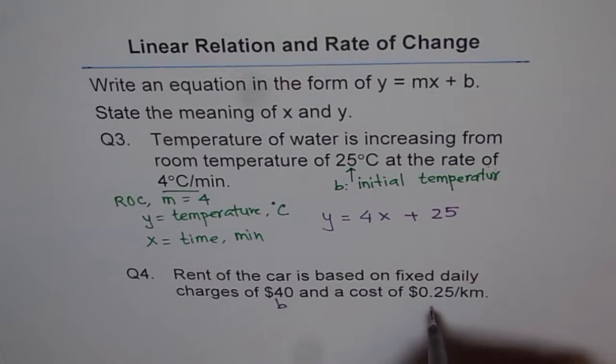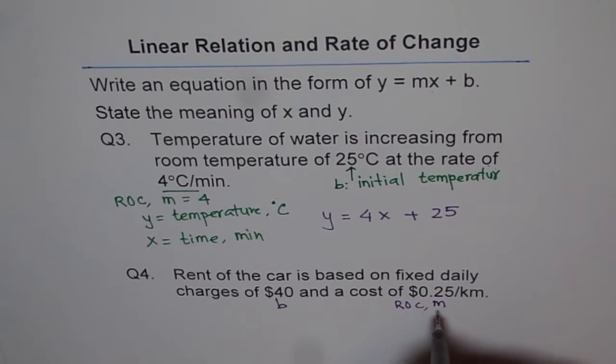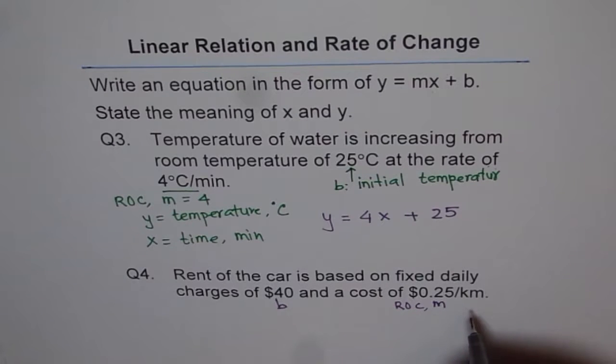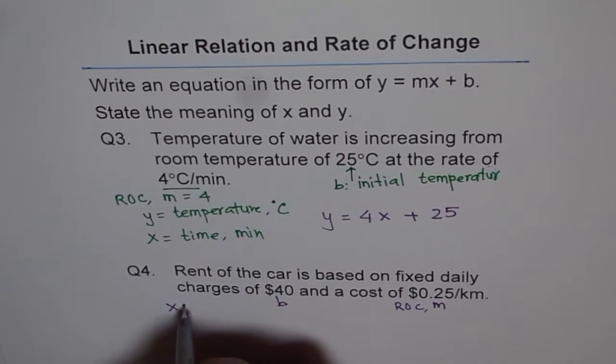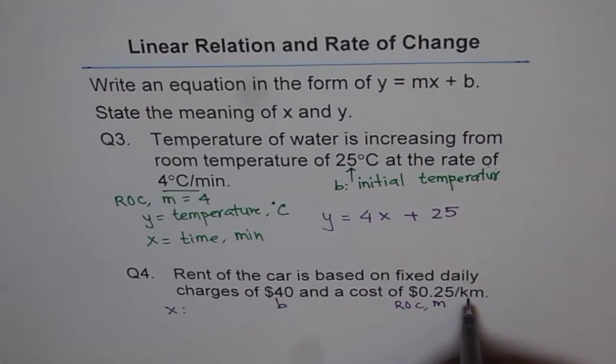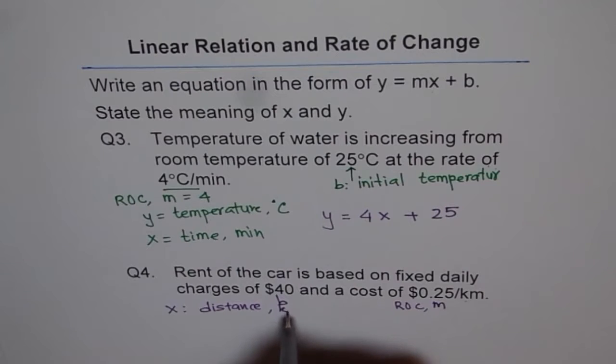Now rate of change, or m, is 25 cents per kilometer or $0.25 per kilometer, correct? Now here, what is your independent variable? x. x is distance in kilometers, correct?